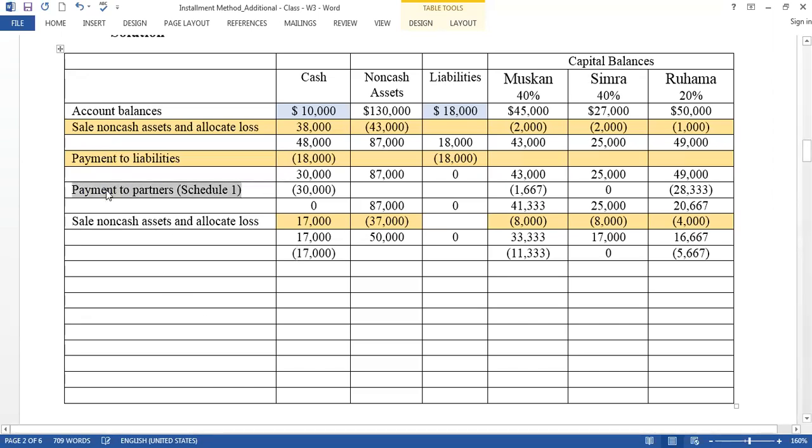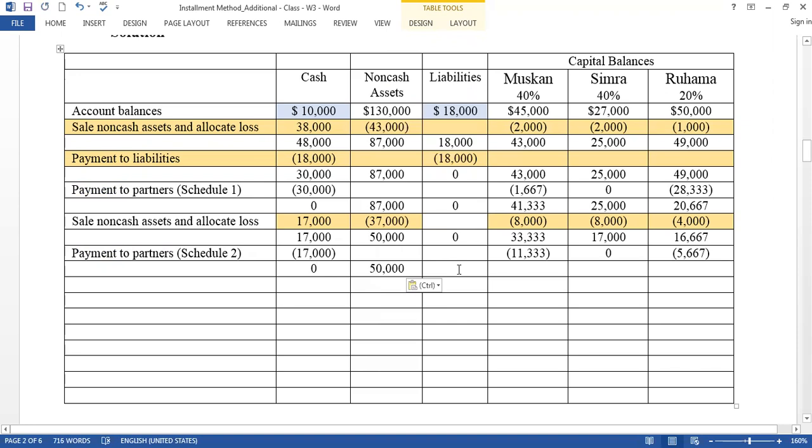Now, this is the payment to the partners based on Schedule 2. Now again, we don't have any cash. Our remaining assets are $50,000.